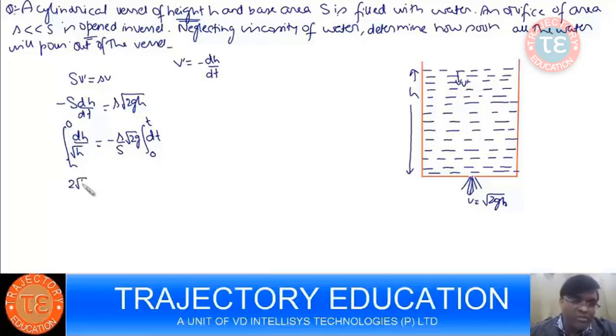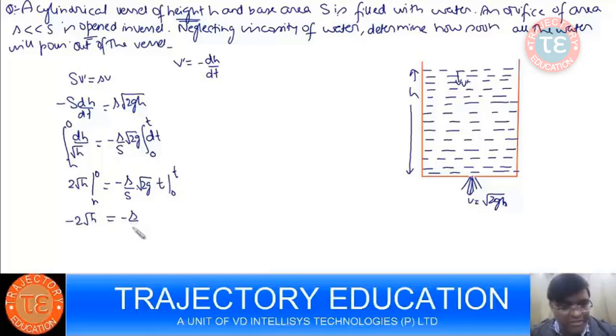So the integral is going to be 2 root h, s to 0, root 2g, 0 to t. So this is going to become minus 2 root h minus s upon capital S root 2g t. So the time taken comes to what?